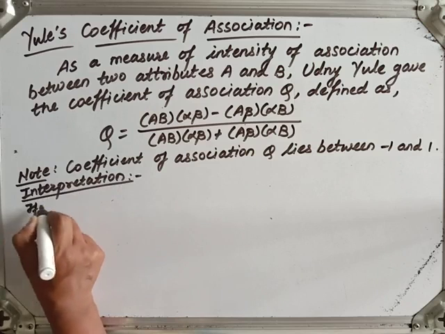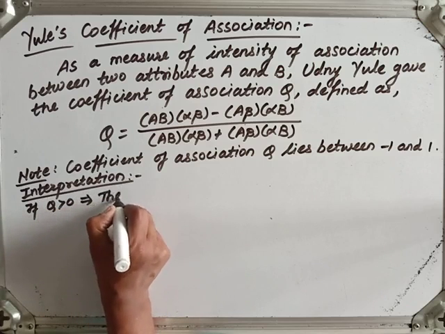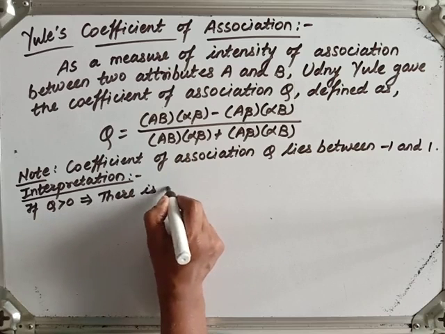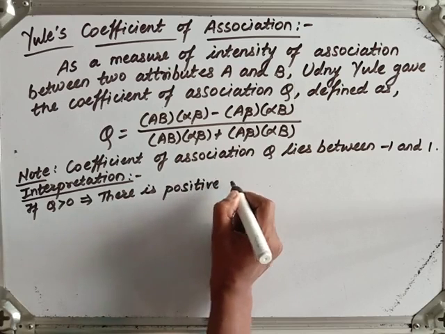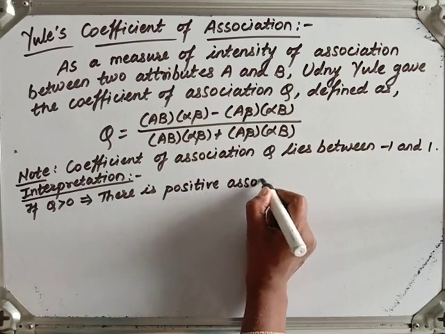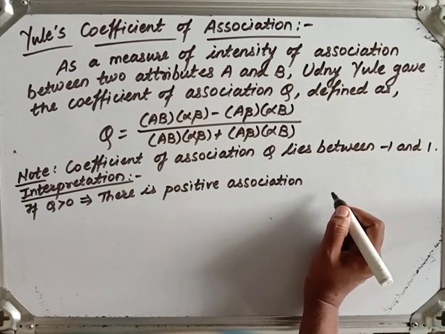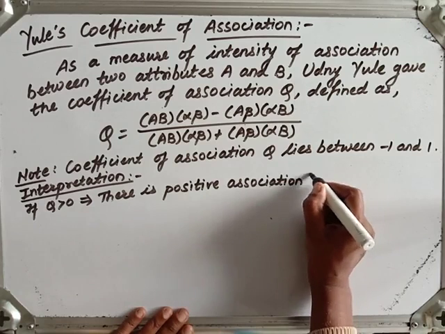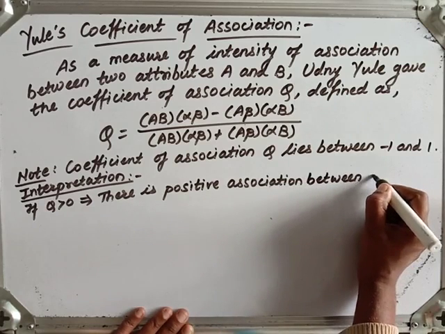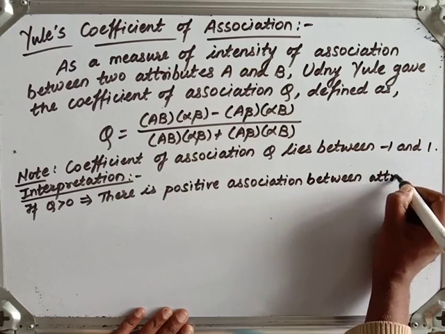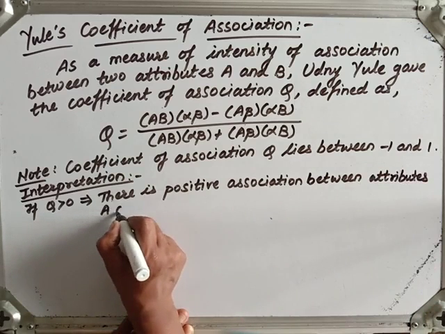If Q is positive, there is positive association between attributes A and B.